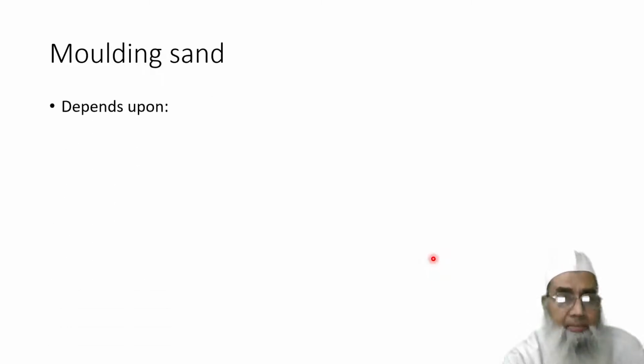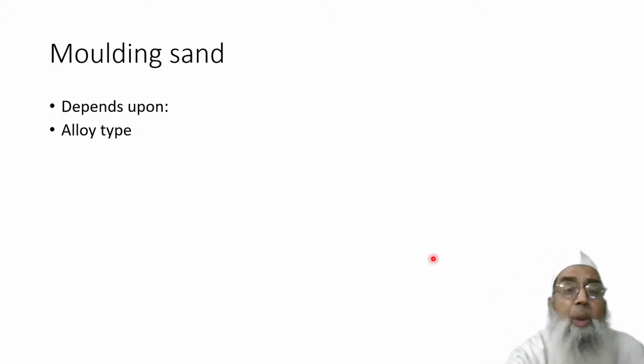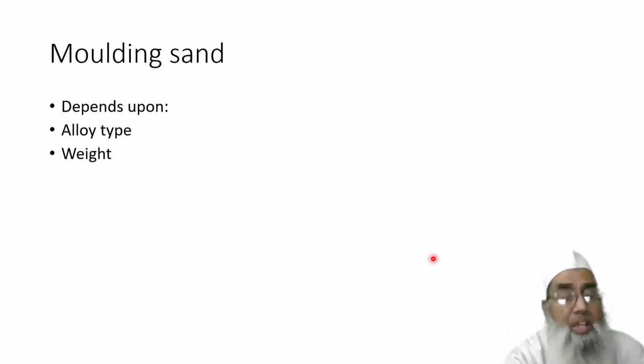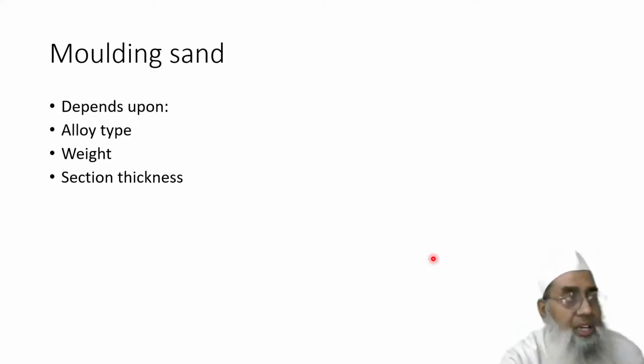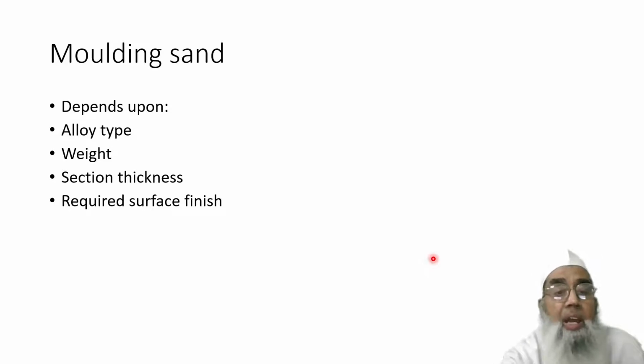Now, molding sand depends upon what type of copper alloy we want to cast, its weight, the section thickness, and the required surface finish.